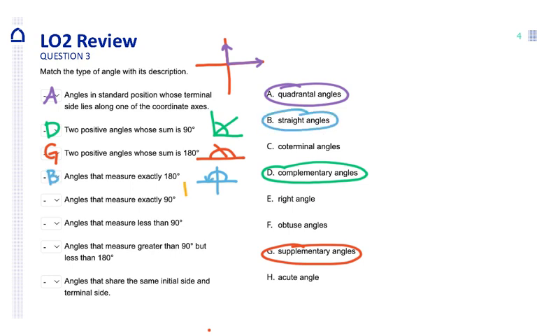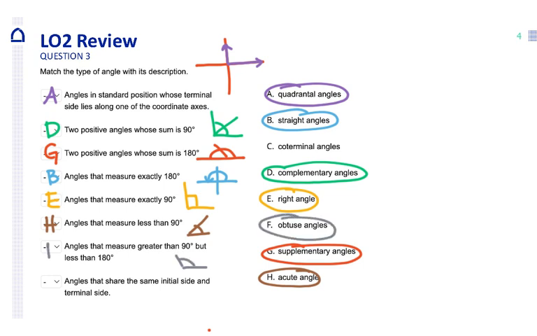And now an angle that measures exactly 90 degrees, that's called a right angle. All right, angles that are less than 90, that's an angle that looks like this. It's called acute. Angles between 90 and 180 would look like this. That's called obtuse.